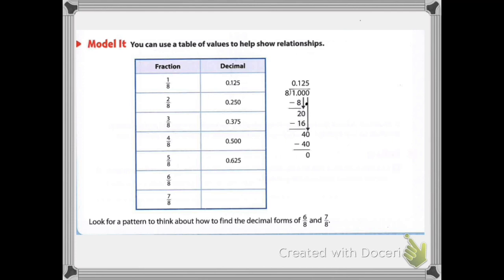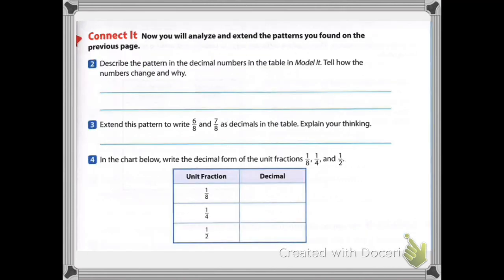They're adding 125 thousandths each time. So if I follow that pattern, I know that the next number is going to be 0.750, and the number after that is going to be 0.875. And I still haven't divided anything.